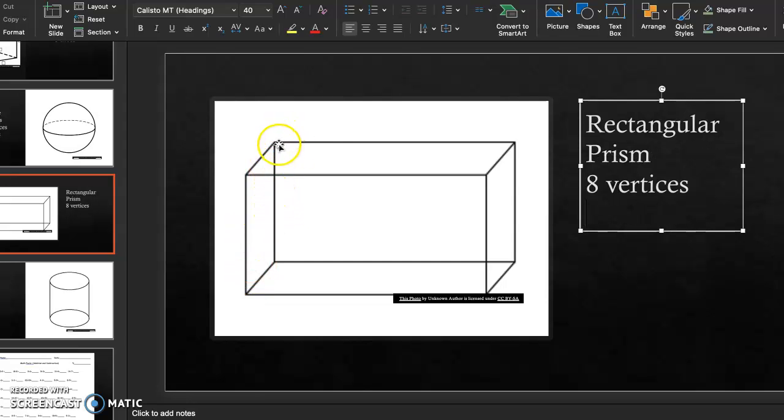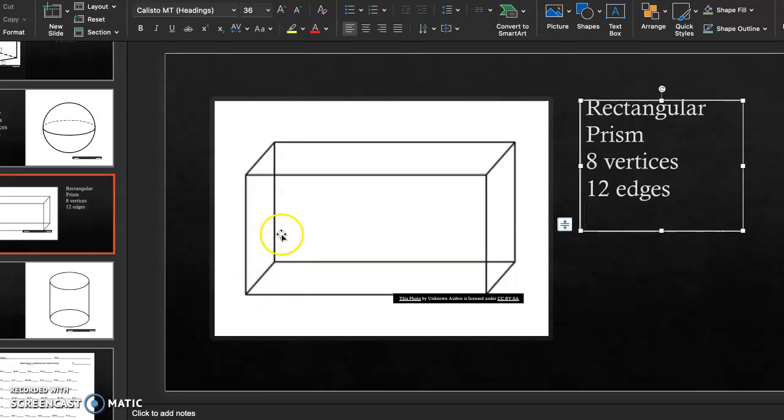How many edges? 1, 2, 3, 4, 5, 6, 7, 8, 9, 10, 11, 12. 12 edges. How many faces? 1, 2, 3, 4, 5, 6. 6 faces.